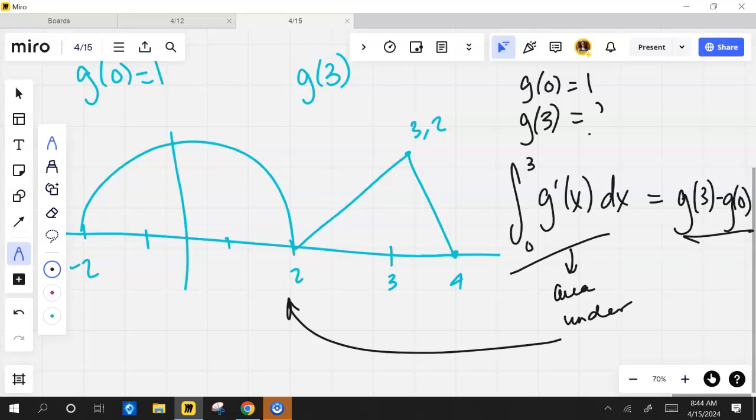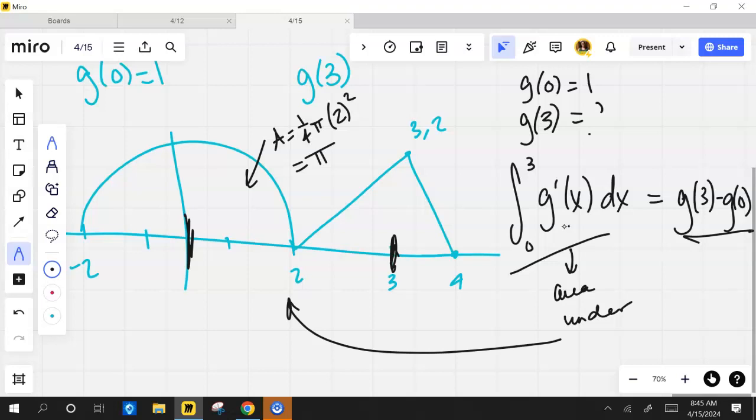So could I find the area under from 0 to 3? Sure. This is half of a semicircle, so a half of a half with a radius of 2. So a fourth of a circle with a radius of 2 would just give me pi, right?